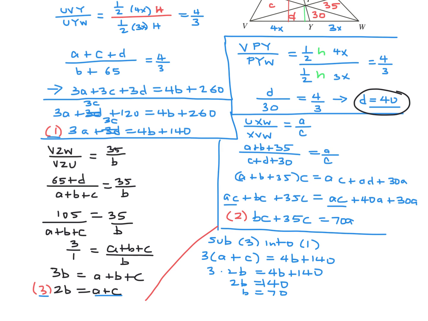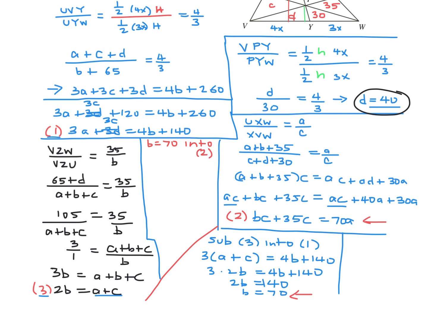We got B equals to 70, and I think now we can just do one final substitution, and I'll try to squeeze it in here since I'm running out of space. We sub this B equal to 70 finding that I just got into where? Into this one, into 2.